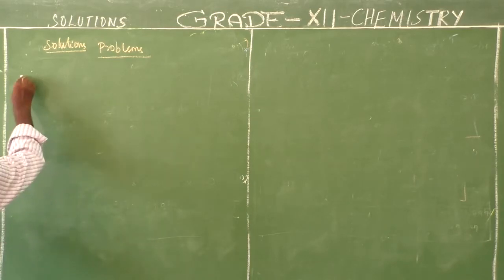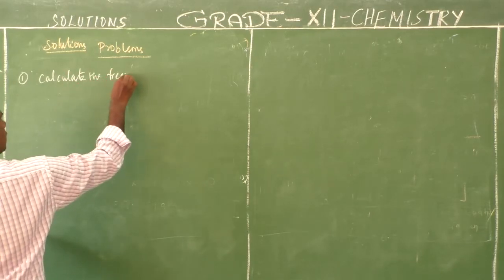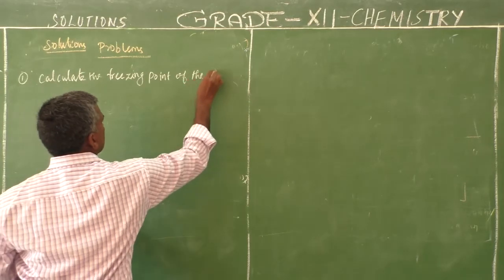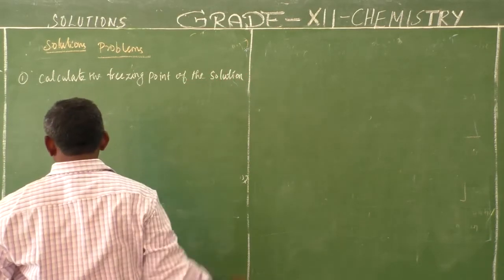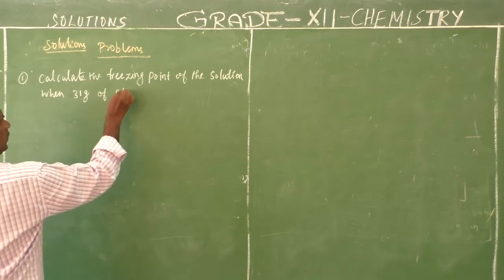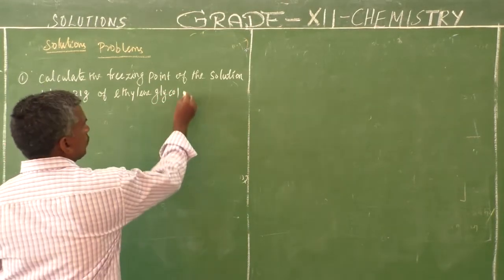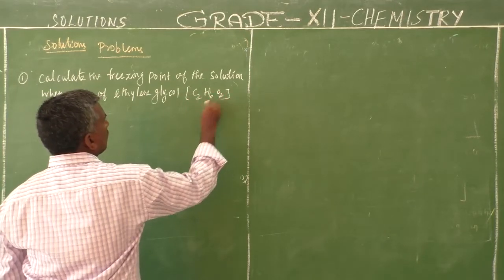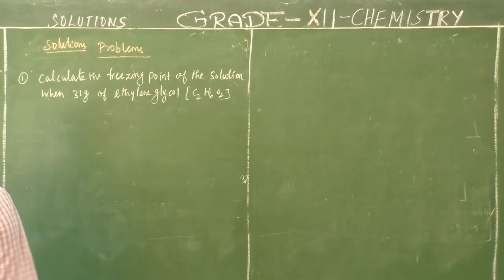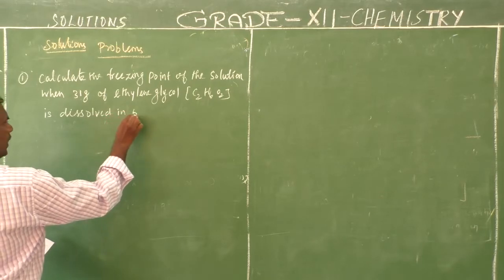The question is: calculate the freezing point of the solution when 31 gram of ethylene glycol, formula C2H6O2, is dissolved in 500 gram water.